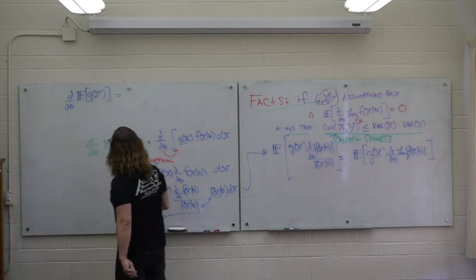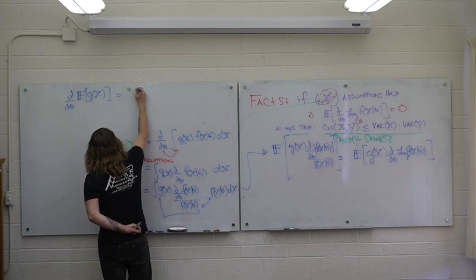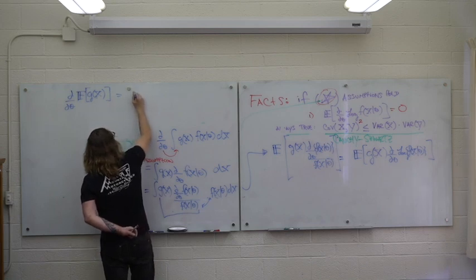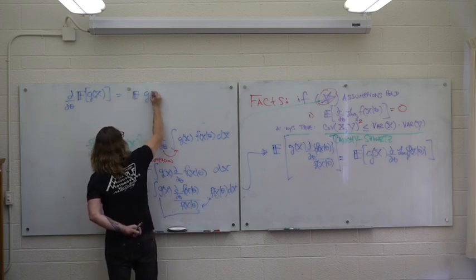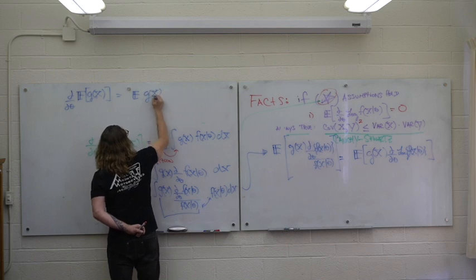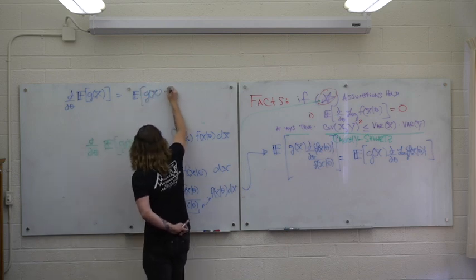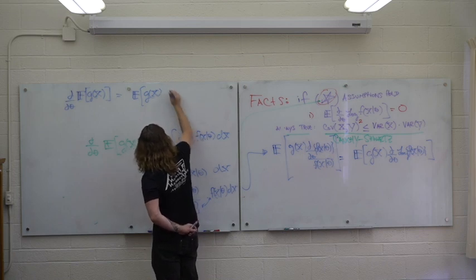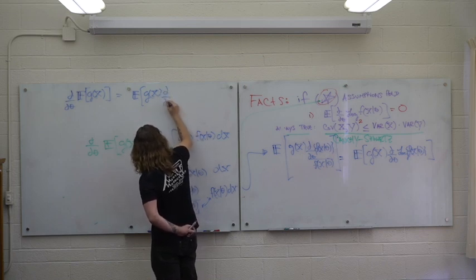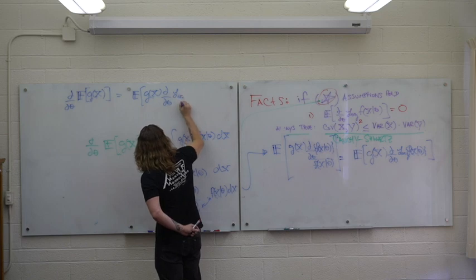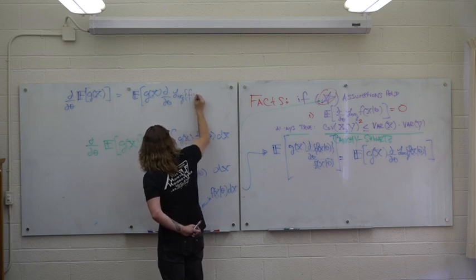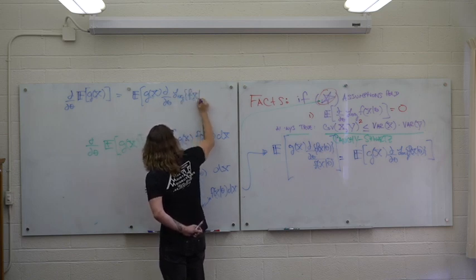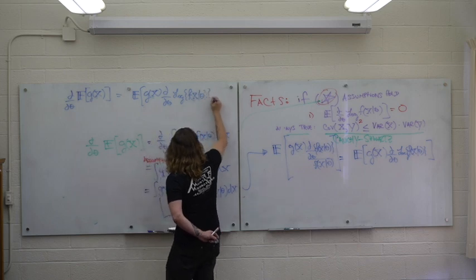This is equal to the expectation of g(x) times the derivative of the logarithm of f(x given theta).